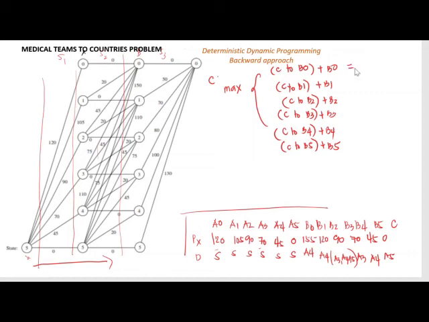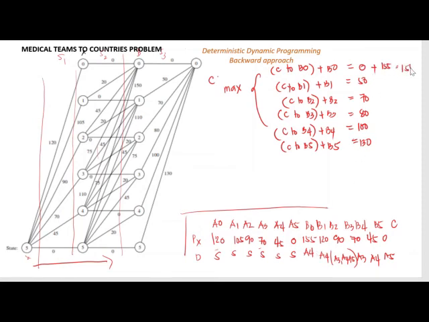Okay, so getting the numerical values, we have 0, 50, 70, 80, 100, 130. Okay, so this is 0 plus B0 here is 155.